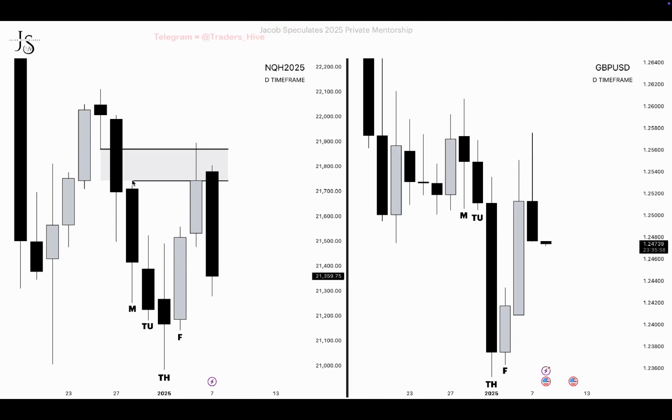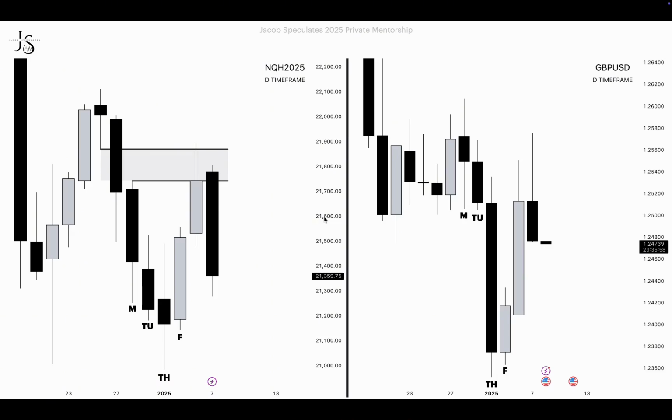From this high to this low, that would have been the previous week's range following the premium and discount sequence. But on the pound, it was from this high to this low. So whenever you have a miscorrelated high or low in a premium and discount sequence for another asset.